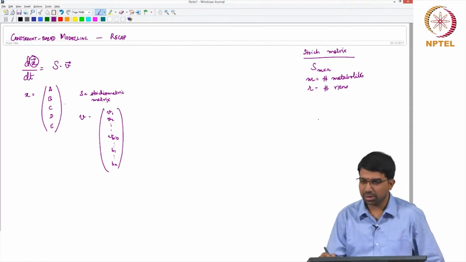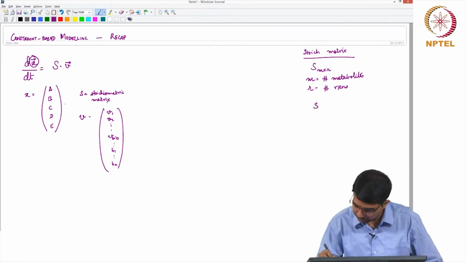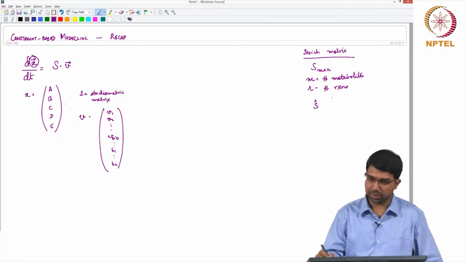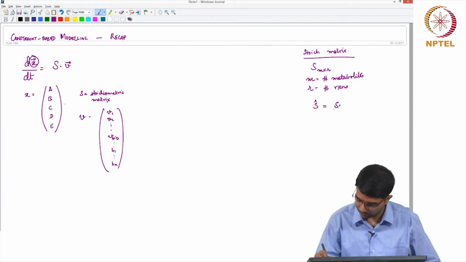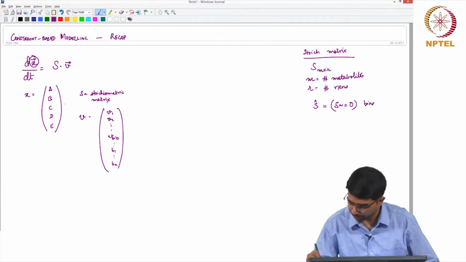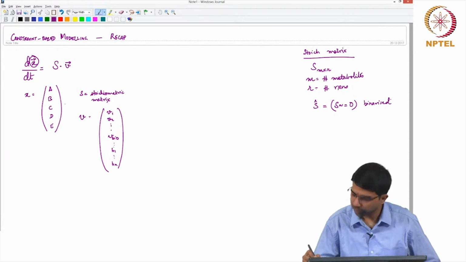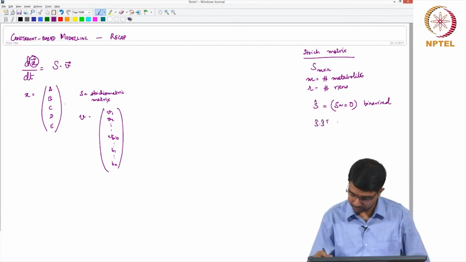Now, let us just think for a moment, let us consider the matrix S cap, which is in MATLAB terms I would just say, or essentially a binarized version of the stoichiometric matrix. What is going to be the size of this matrix?